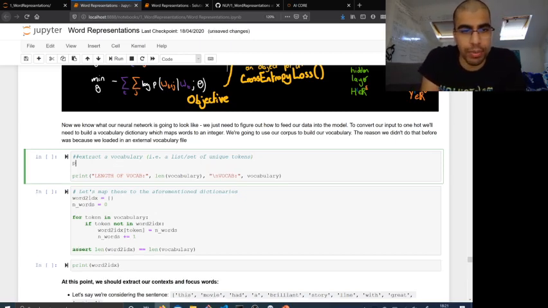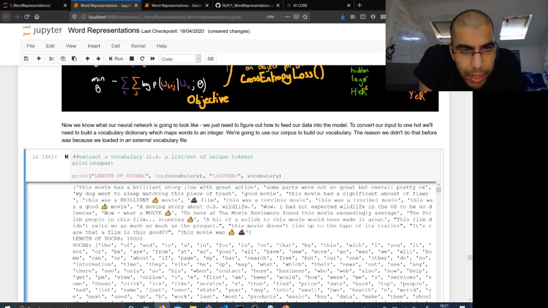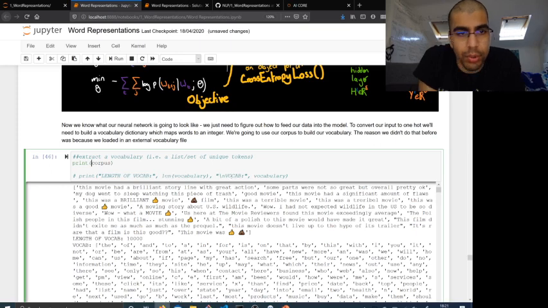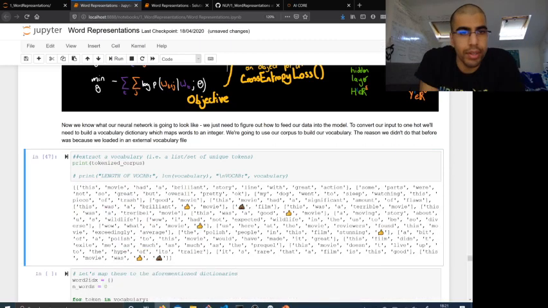So let's print our corpus to remind ourselves of what it contains. Let me comment this out because this is probably referring to an old variable, and I think we want the tokenized corpus because we've tokenized things in there.